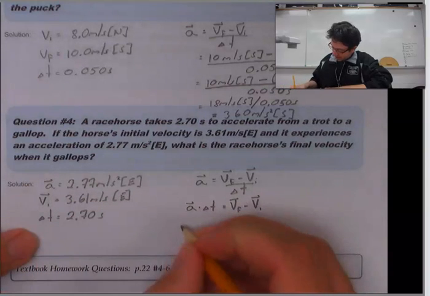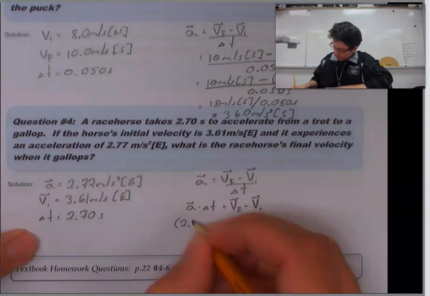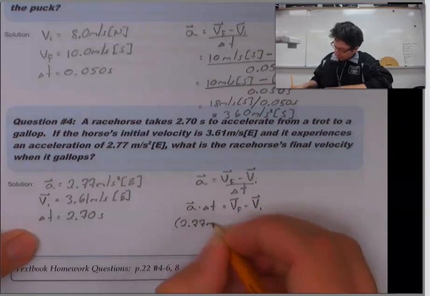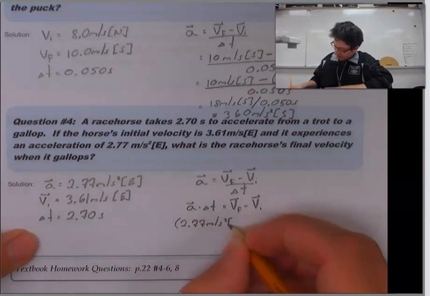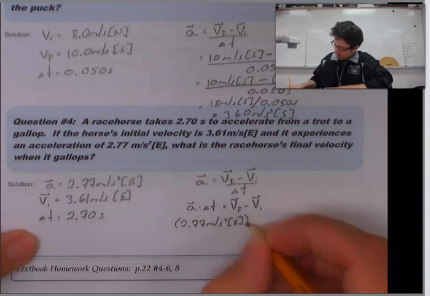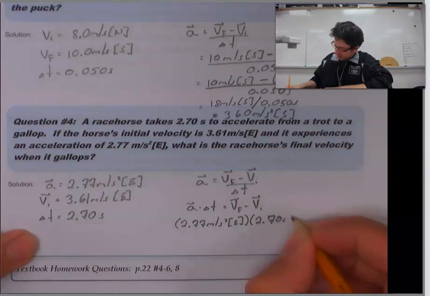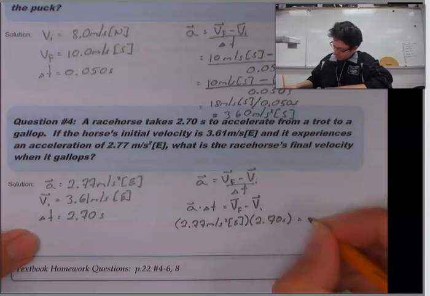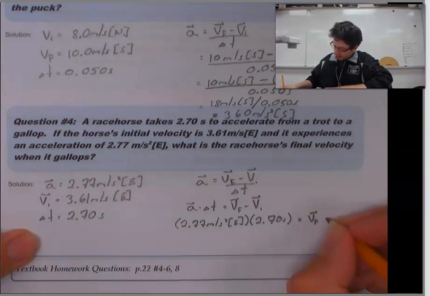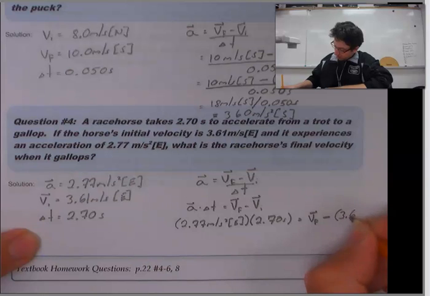So acceleration is 2.77 meters per second squared east times time, which is 2.70 seconds, equals v final, which we don't know, minus the initial, which is 3.61 meters per second east.